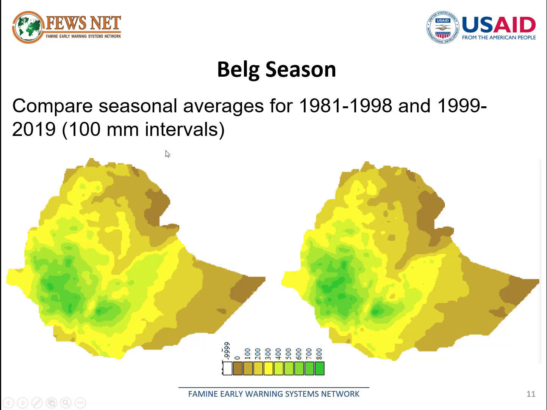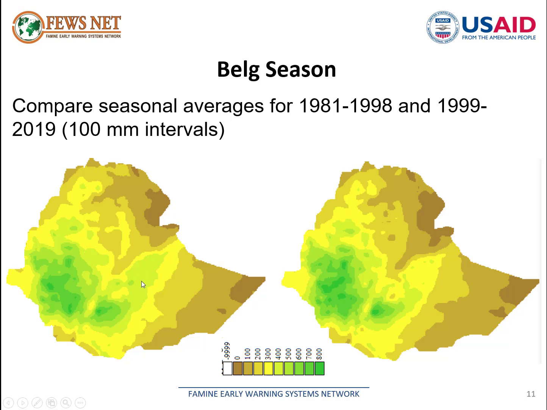So in this case, we are using the 100 millimeter intervals to see how much change there is between the two averages. We see that this area of the 300s is shrinking in the latest average.